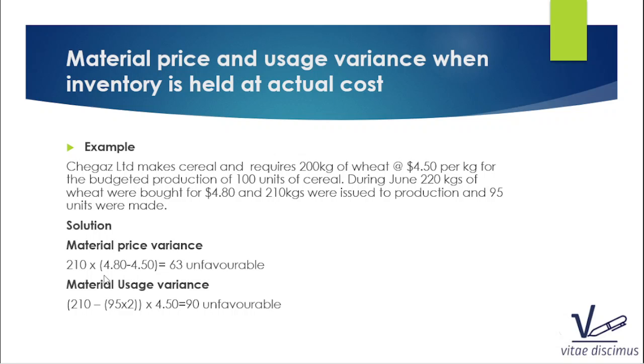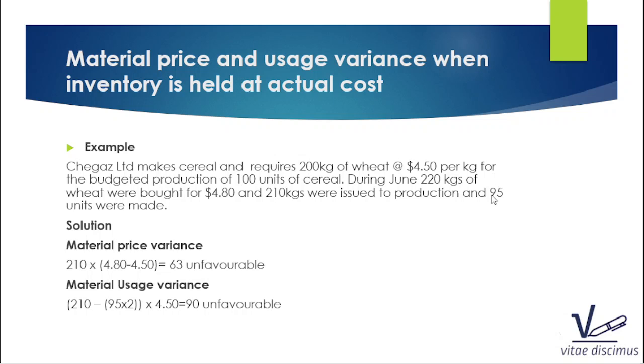When it comes to material usage variance, we compare what we have actually issued to production, the 210, versus what we should have issued to produce those 95 units. Our standard cost card was based on 200 kilos divided by 100 units, meaning that each unit was supposed to require 2 kgs of material.